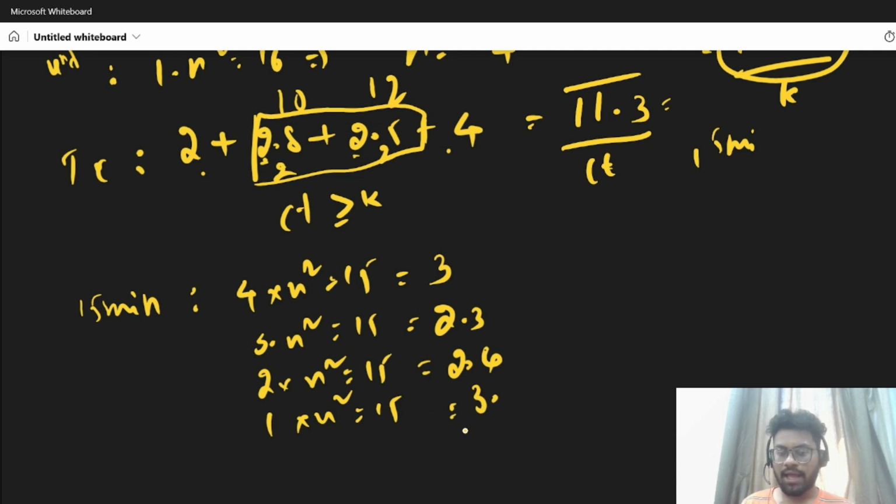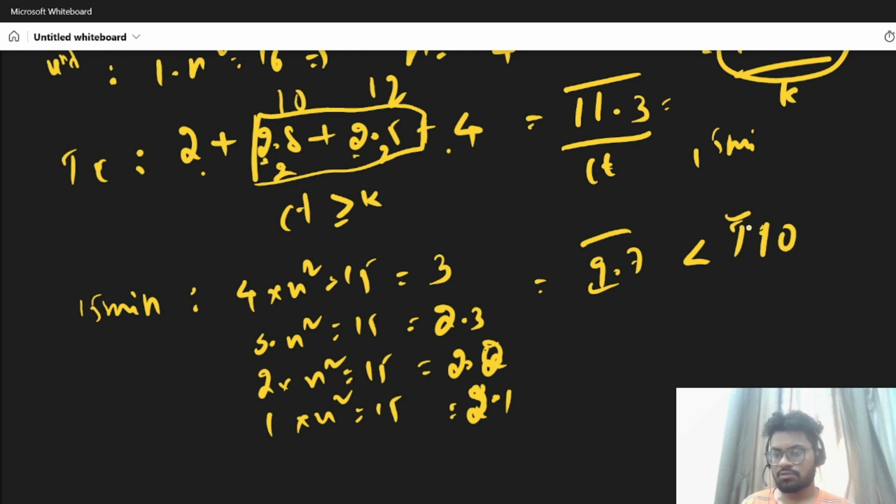So if you add all the things, this is 9.7, which is less than the total we require. What is the total we require to repair?